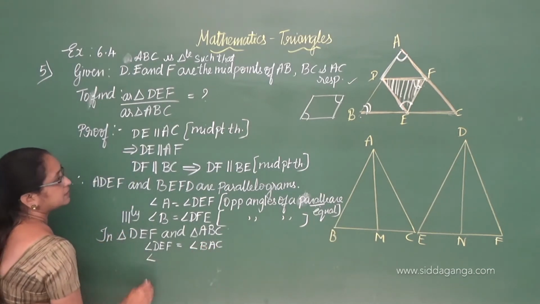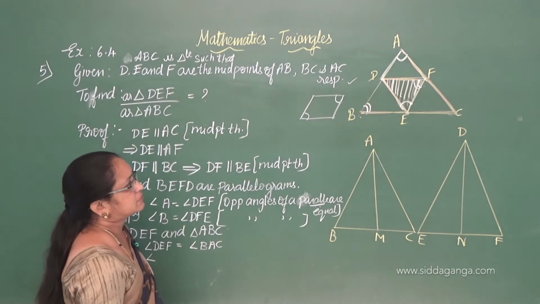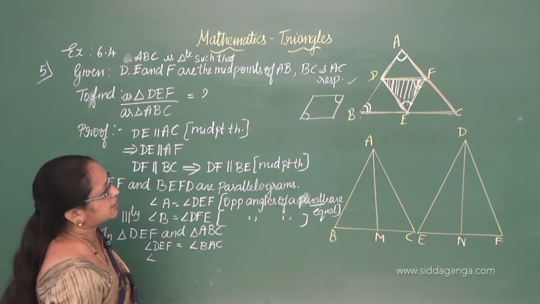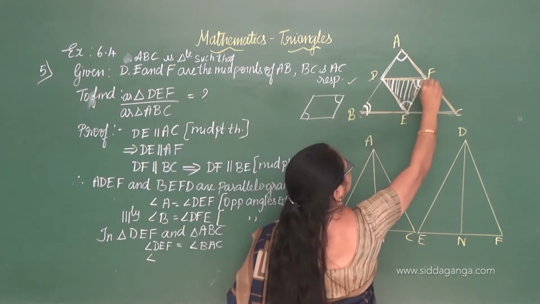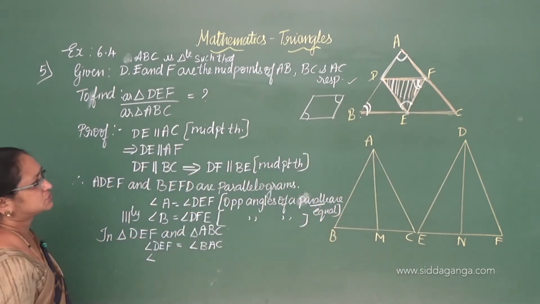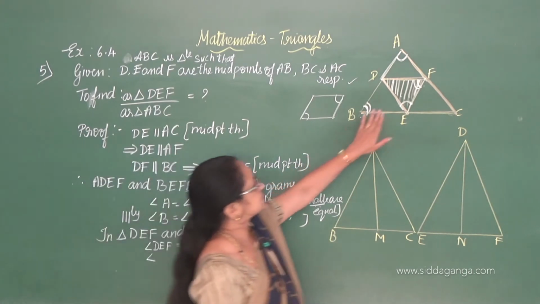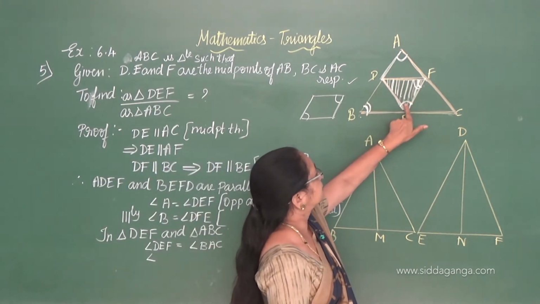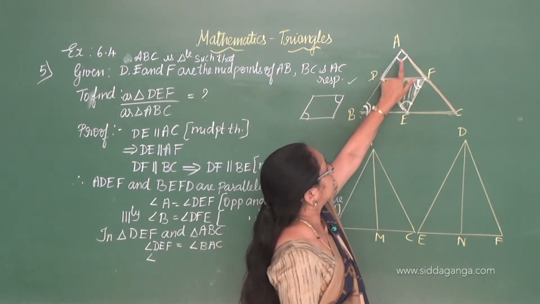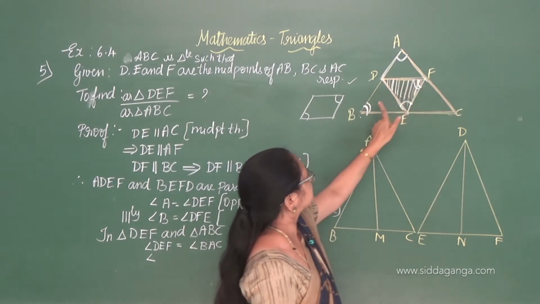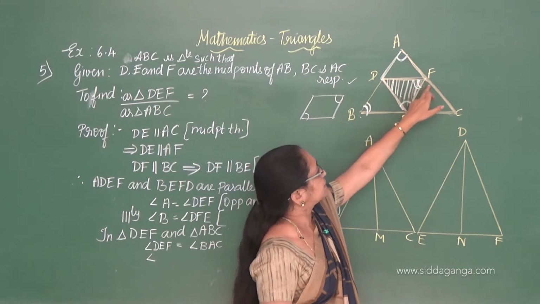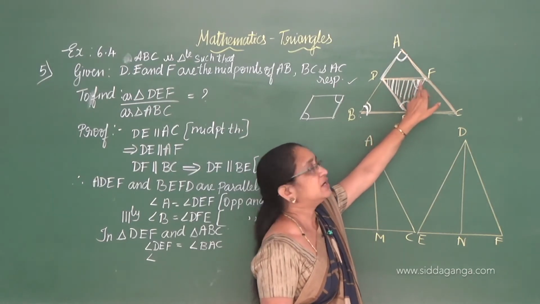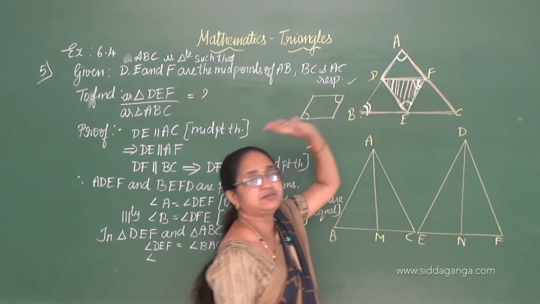Next, another angle, that is angle B is equal to angle F here. So in this triangle we have this angle equal to angle A and angle F equal to angle B, correct? I should not mention angle F, it is DFE only.